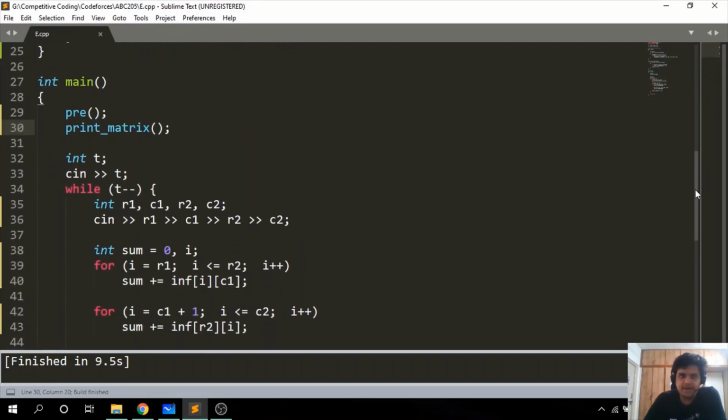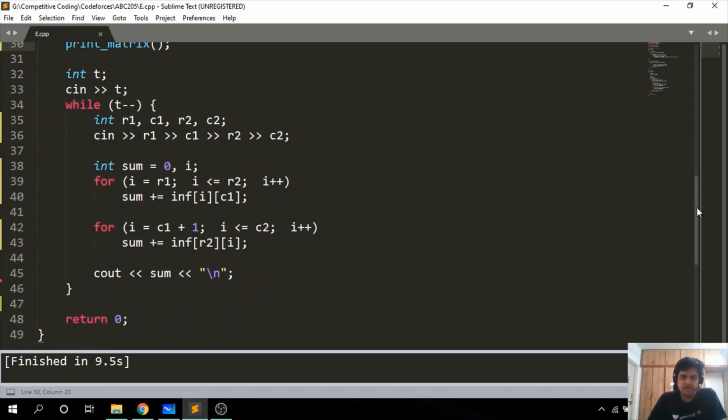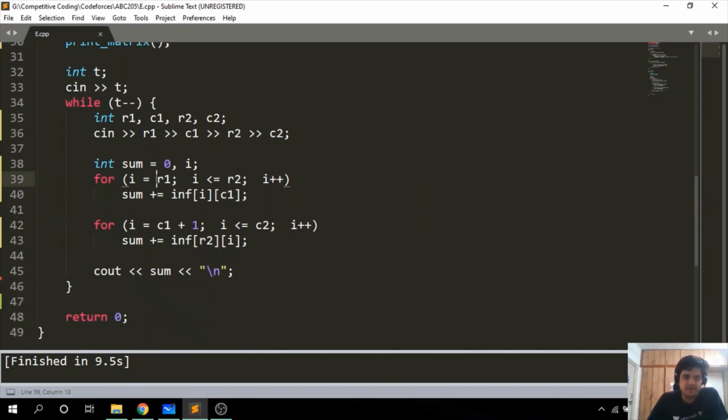In the main part, as I told, first we will go from R1C1 to R2C1 and then to the right. So here this is the first part, that we go from R1 to R2, where sum plus equals inf of I comma C1. Here we are in the C1th column, and next we go from R2C1 to R2C2, that is we are in the R2th row.